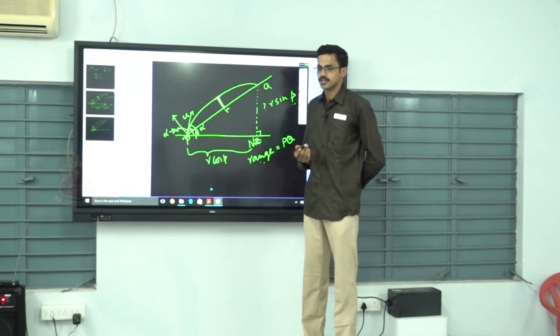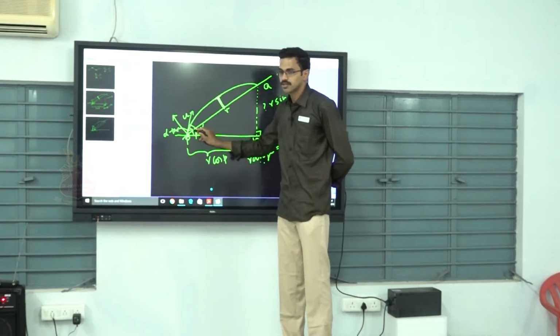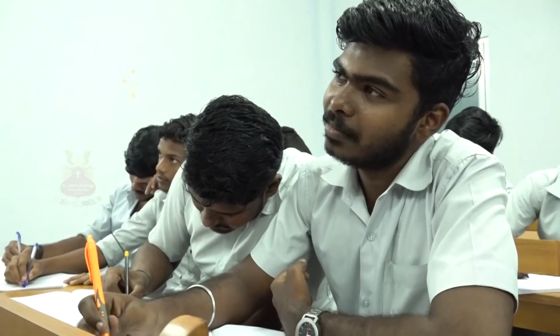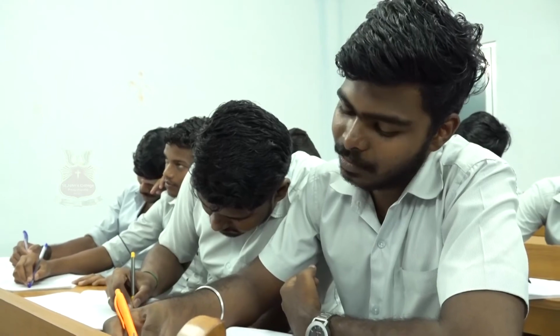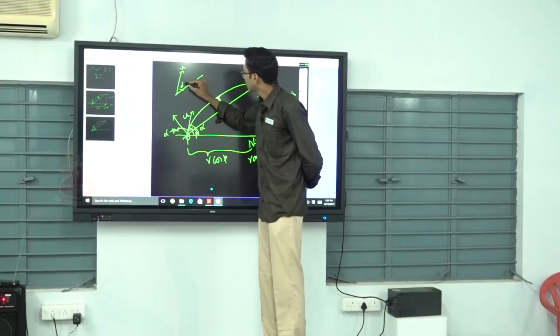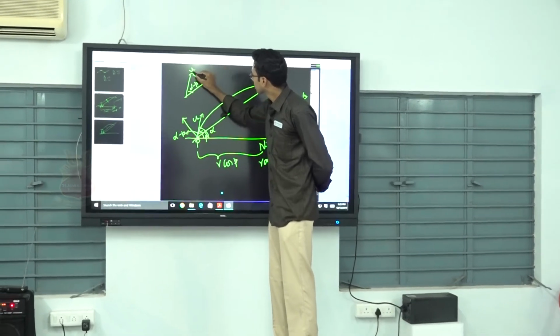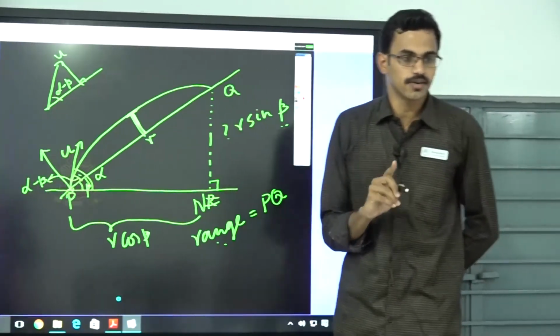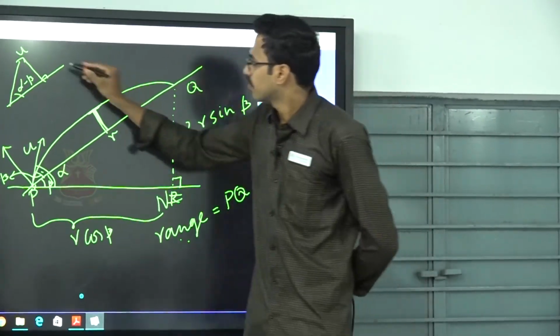As usual, what's this angle? Alpha minus beta. To find that, okay, I will draw once again. It is u. That angle is alpha minus beta. We want to calculate the perpendicular velocity. That is an initial velocity, isn't it?